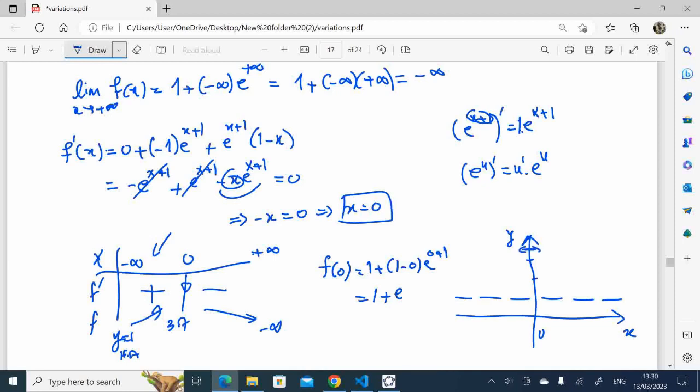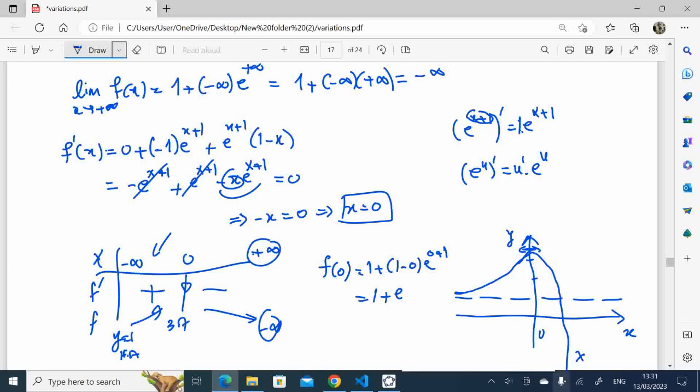So the graph will go from minus infinity along the horizontal asymptote, up to the maximum. From the maximum we go to plus infinity in x and minus infinity in y, meaning to this quadrant. So this is the graph.